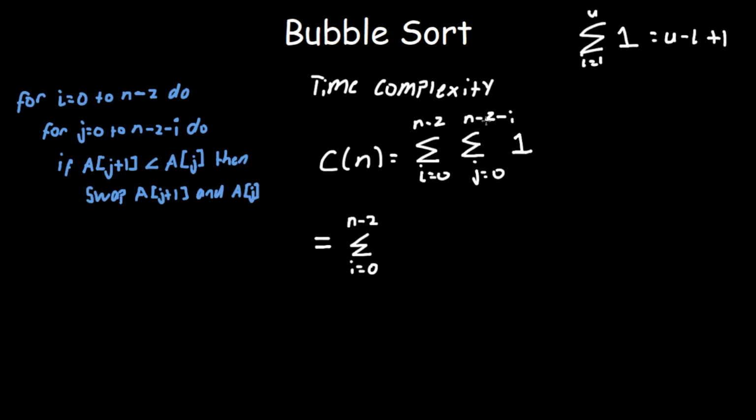That's how we can solve the first summation over here on the right. So using this formula, the high bound is u, the lower bound is i equals L. In case you can't see that, let me make it more clear.